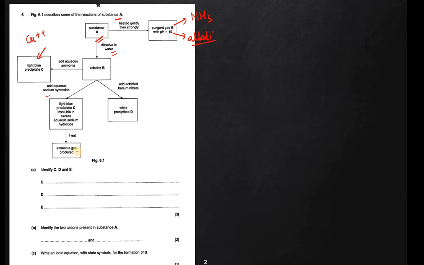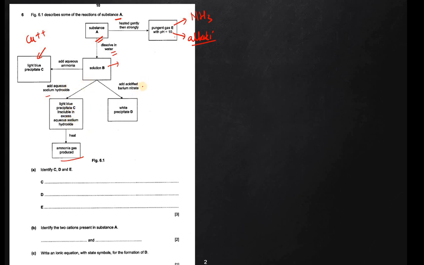Now when they say ammonia gas is produced, it means what? They are talking about some salt in solution B made from the ammonium ion itself, right? So B's hint, it can be copper, it can be ammonium ion. So copper is confirmed, it can be ammonium ion also, because where do we get ammonia from here? There is nothing we have added here.